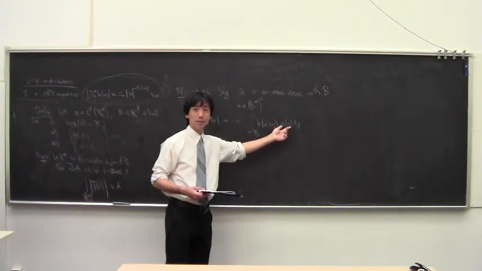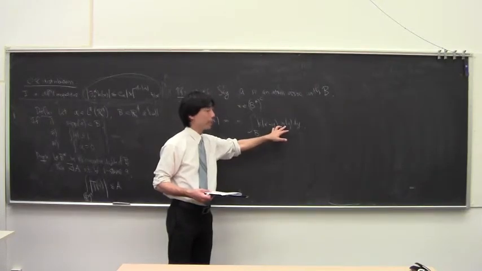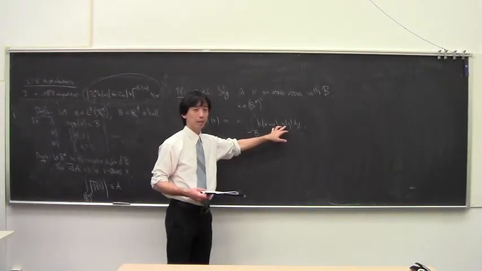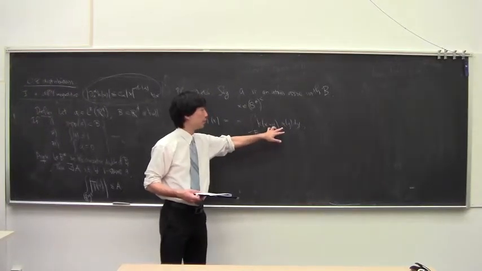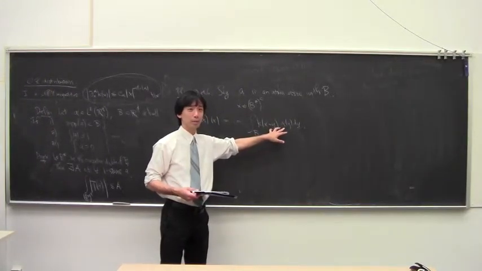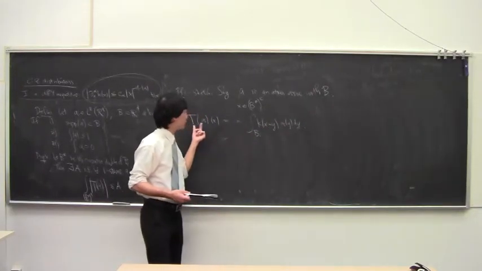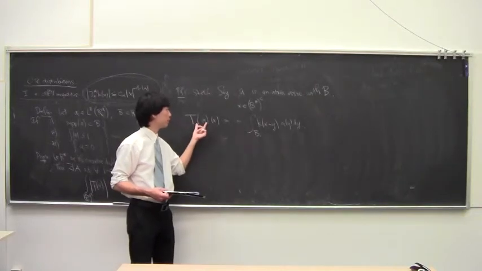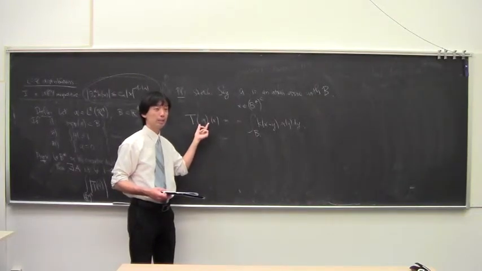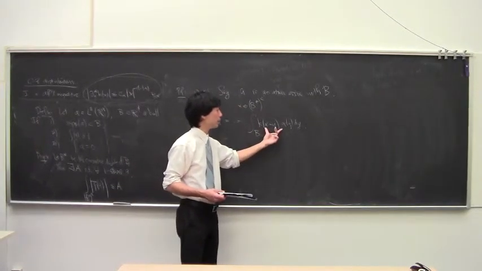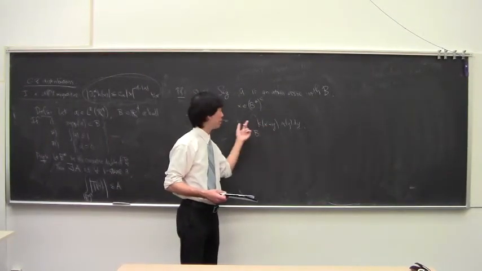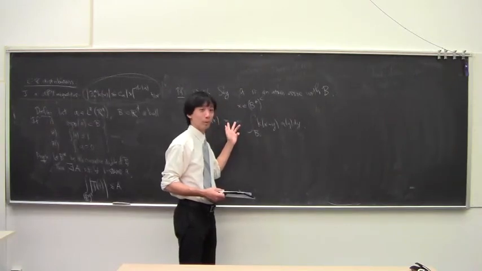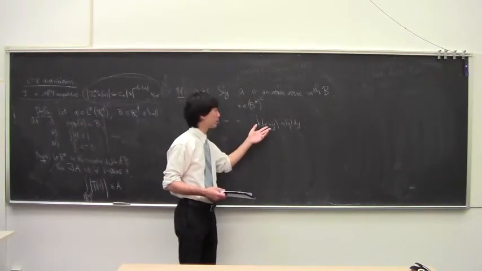This is not exactly honest because A is in L2, and so this is actually in terms of a limiting argument. How do we define T on L2? Well, we define it with respect to Schwartz class functions first, and then take the limit of Schwartz class functions. So this is true, but one has to remember what this means.